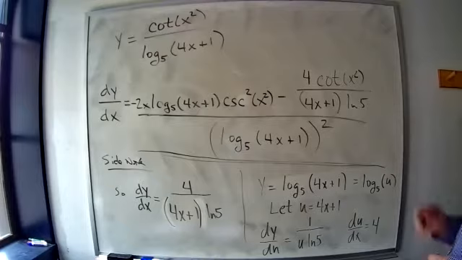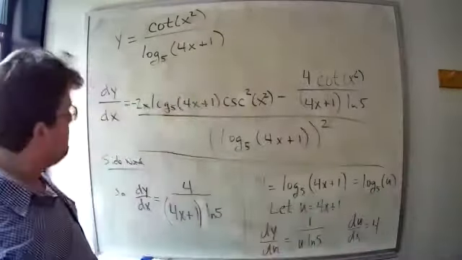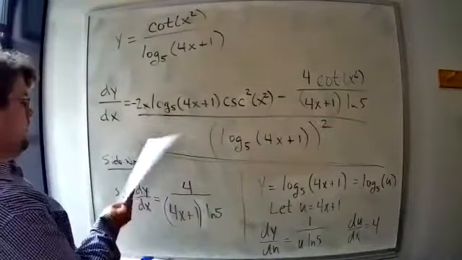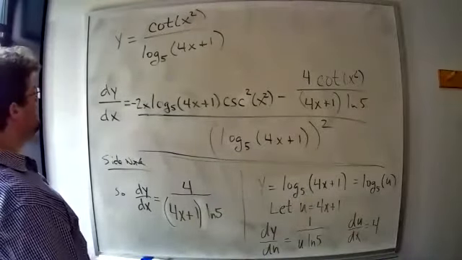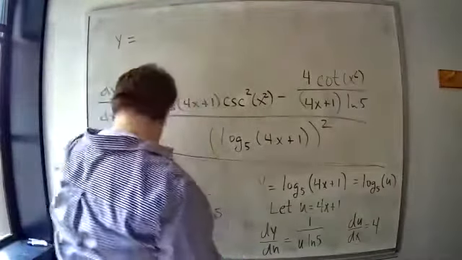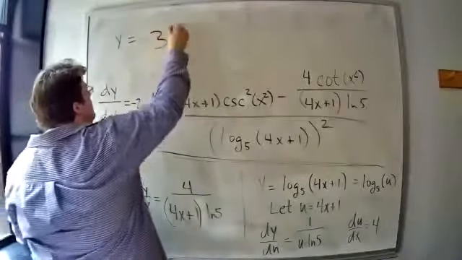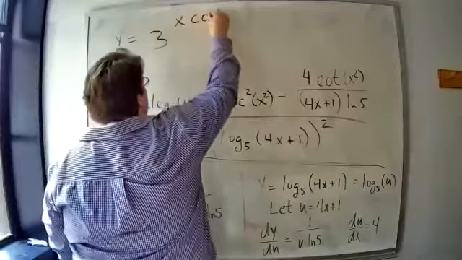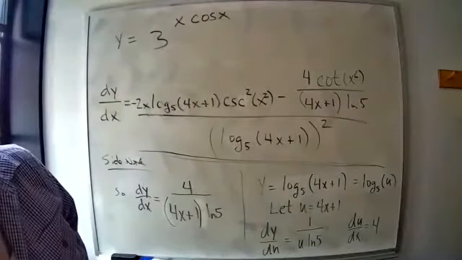So there's a lot to keep track of in this one. What's the last one? Probably an exponential. Yes. Part H, that was cosine, not cotangent, right?